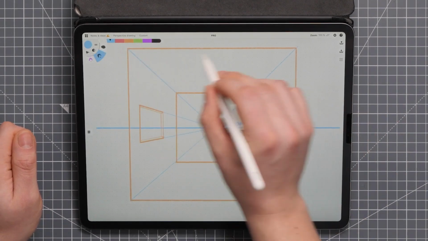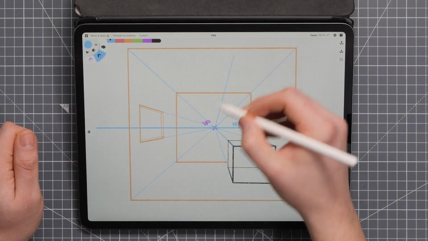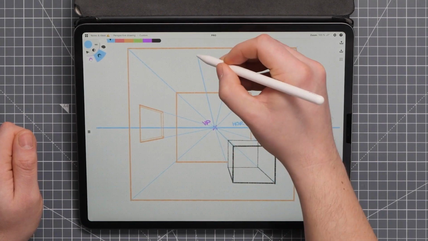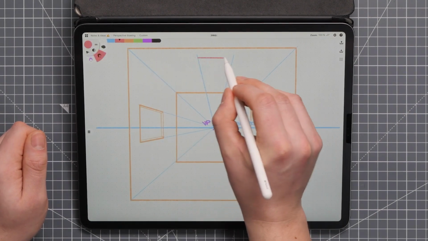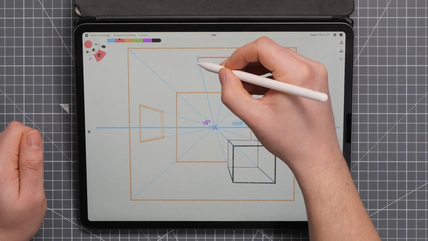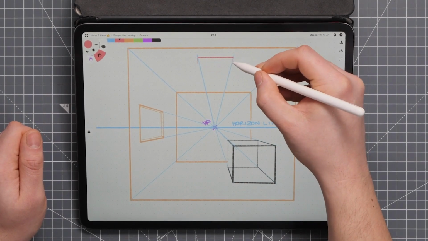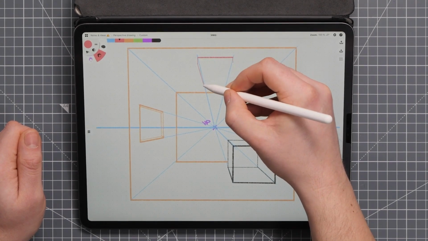When we place something above the horizon line, the object will appear as if it was observed from beneath. Say we draw some sort of lighting on the ceiling here. Placing the object completely above the horizon line makes all the perspective lines point downwards, and the bottom plane of it becomes visible from our viewpoint.